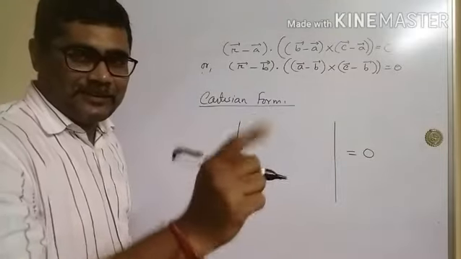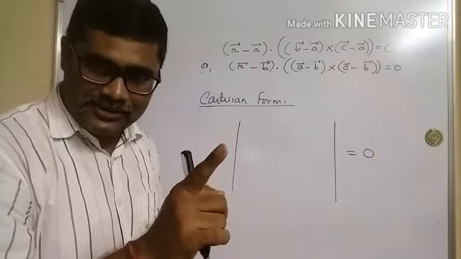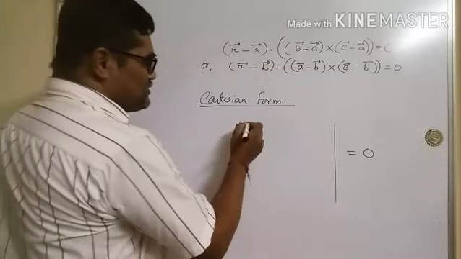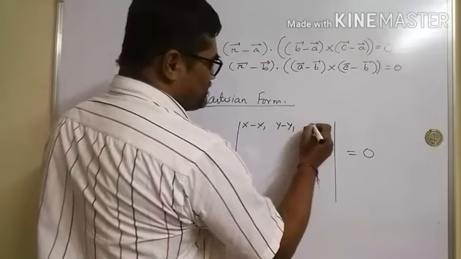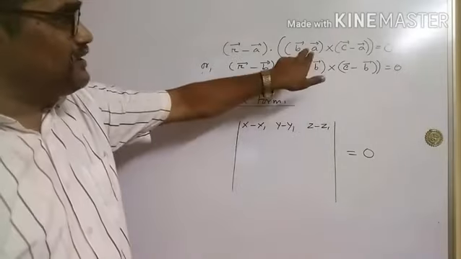Now replace. This is standing for the general one, that is x. If I write for x coordinate, then it will be x1. So first one will be x minus x1, second will be y minus y1, z minus z1. This will come in the second row.